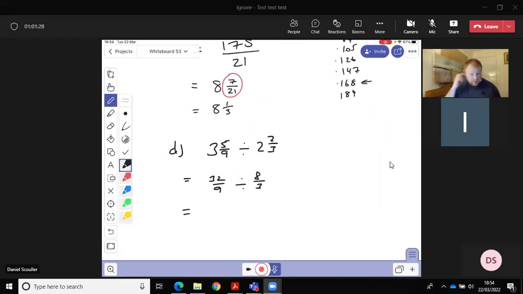Remember, when you're dividing a fraction, you change the sign and flip the last one. So 32 over 9 doesn't change, but we put in a multiply and we flip that last fraction, so it becomes 3 over 8.